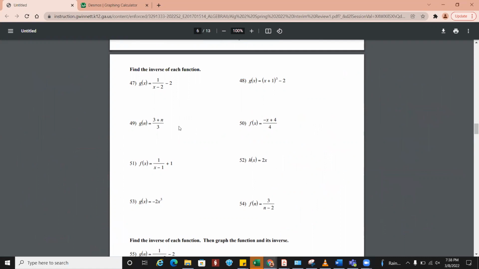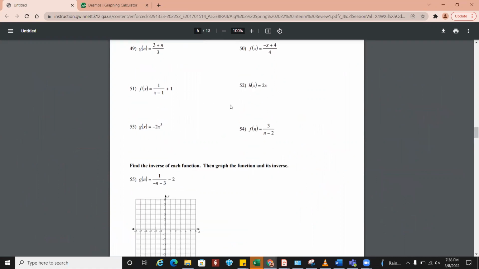Okay, so for 51, we're going to switch our x and y, and then we're going to solve for our y. So we switch our x and y, and this is going to give us 1 over y minus 1 plus 1. This is kind of similar to the one that we did earlier. So we're going to move that 1 to the other side. And so that's going to give us x minus 1 equals 1 over y minus 1.